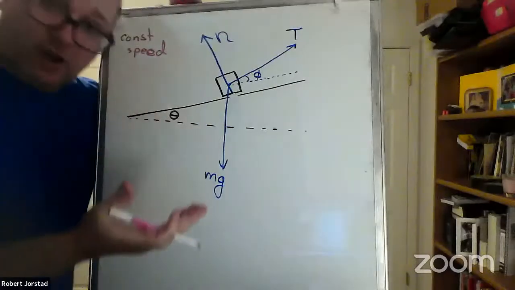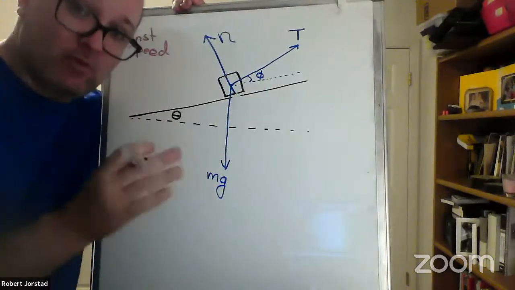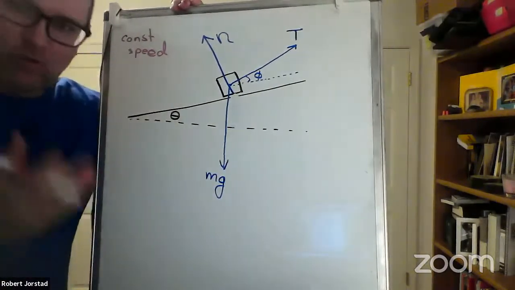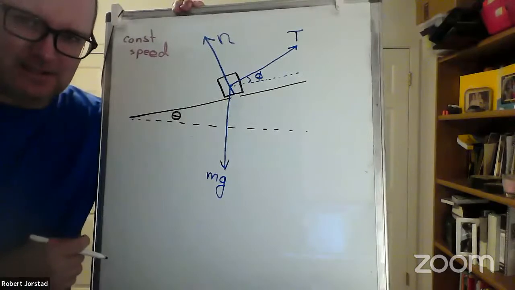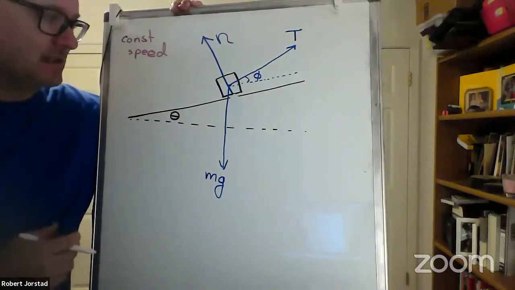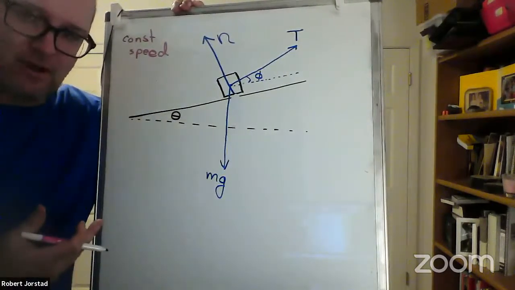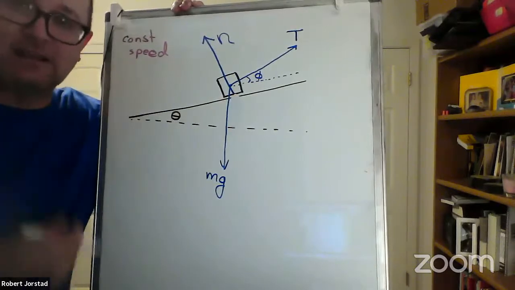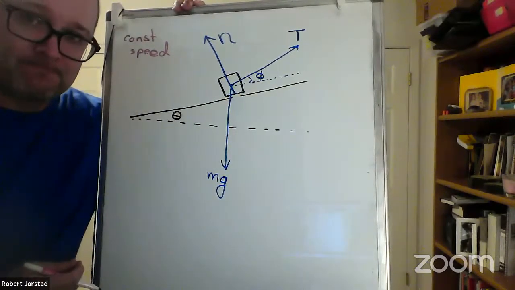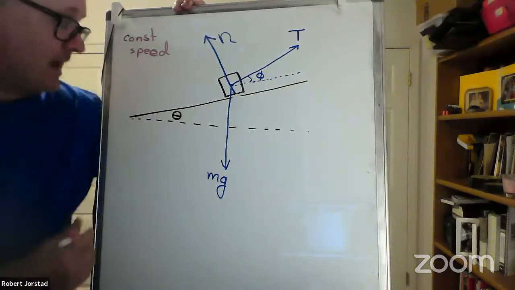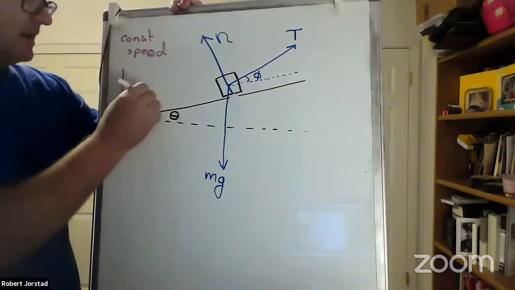Now we can do this any way we want. We can draw the coordinate system any way we want. We've already discussed that coordinate systems shouldn't affect the final answers. So this part's kind of interesting. What is a coordinate system you might think of using? There's the classic XY.